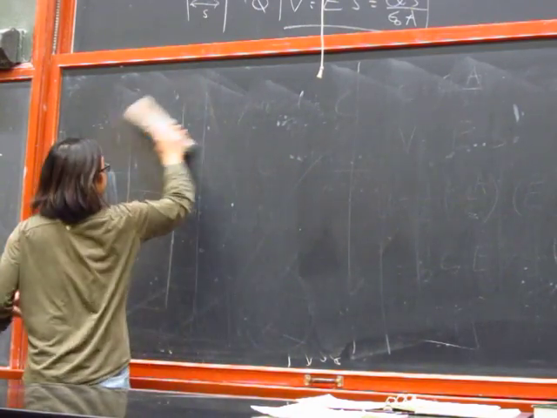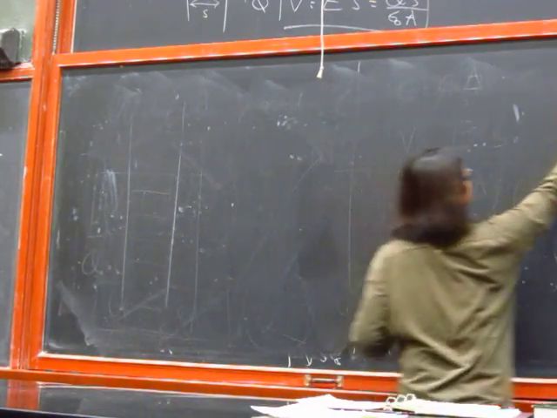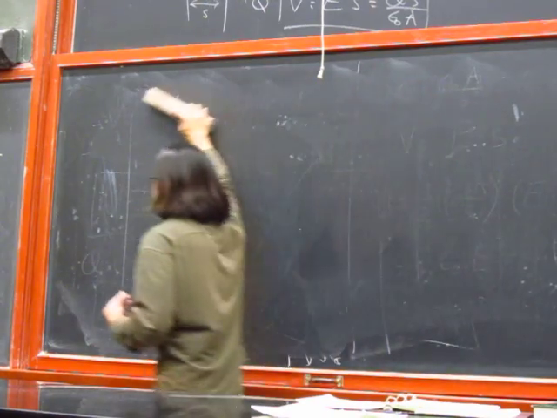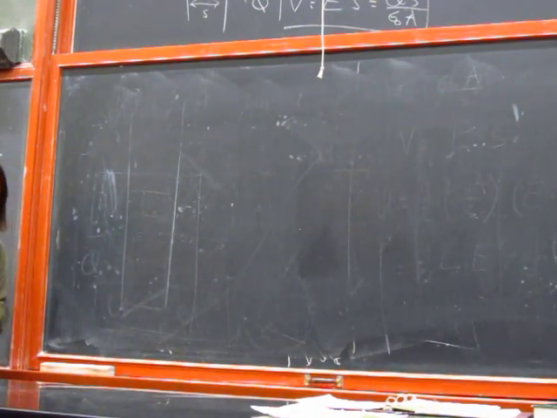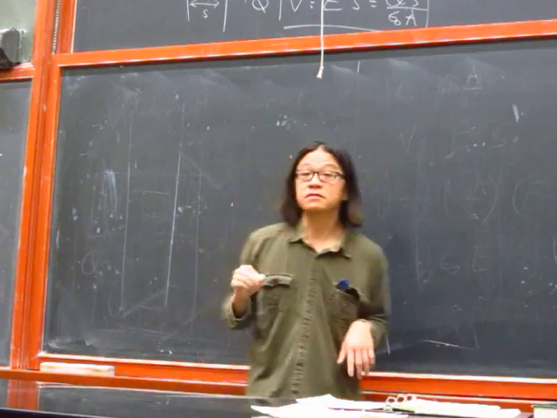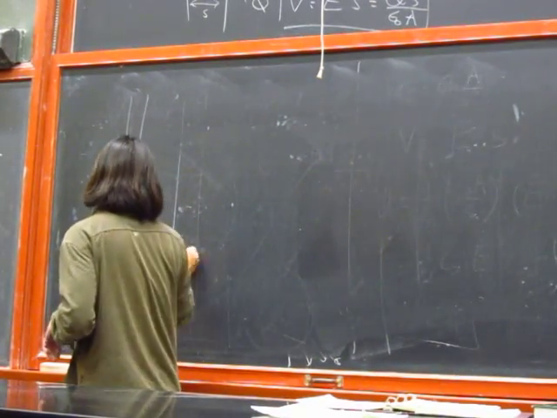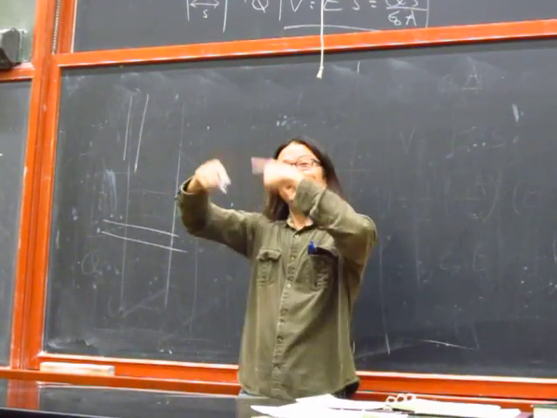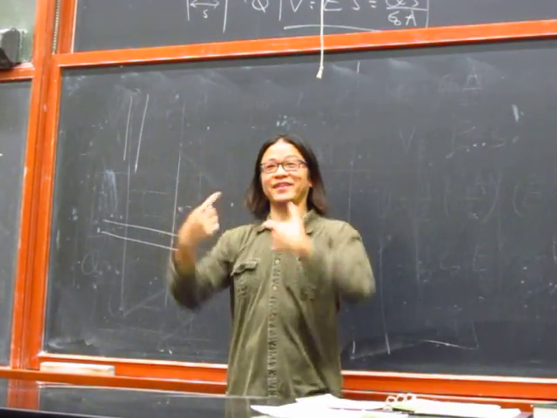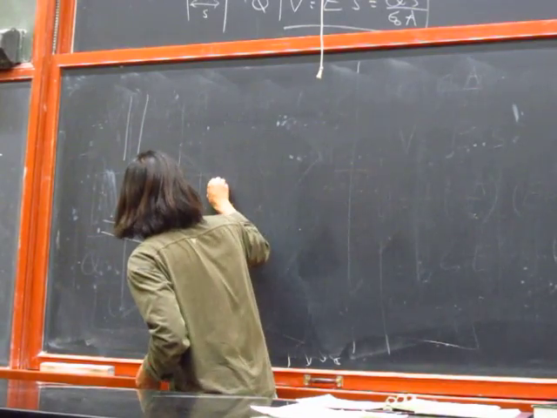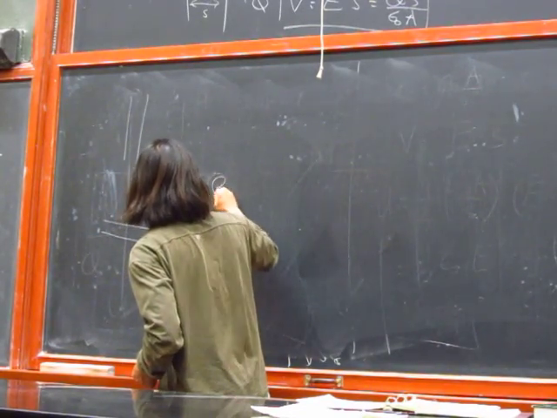Most capacitors that you encounter in practical application, right? They're all 2-conductor capacitors. Usually they have shapes of something like this, and then you fold it into something like this. Right?